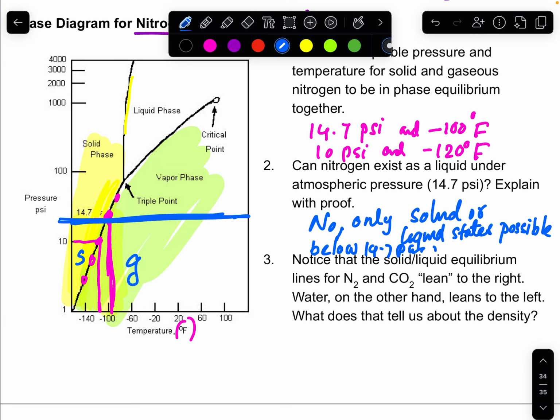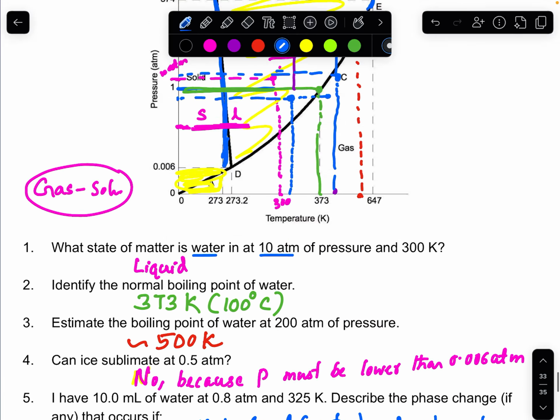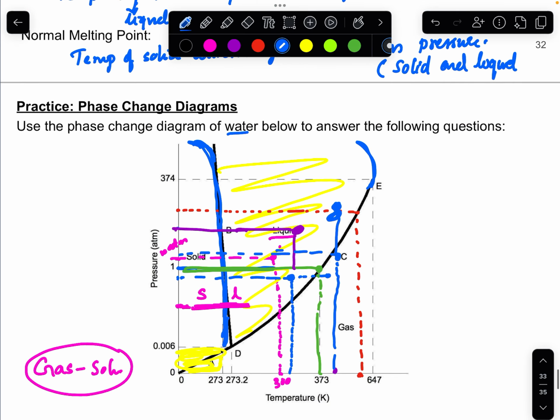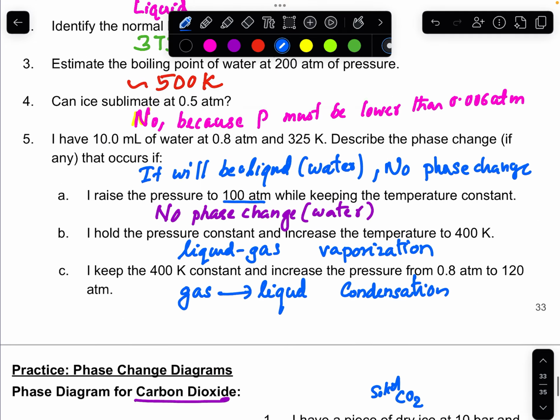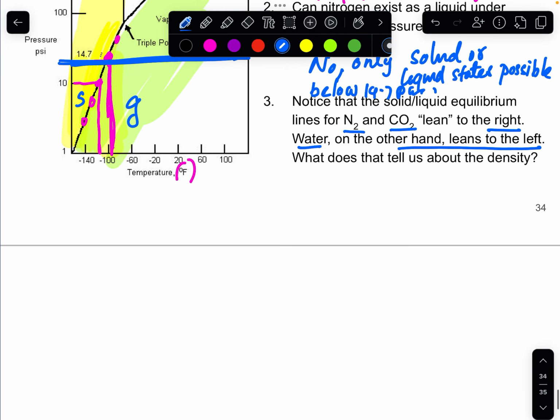Okay, so the next question, the last one. Notice that the solid-liquid equilibrium line for N2 and CO2 leans towards the right, while on the other hand, water leans towards the left. That's what I said, this diagram is known. So this one is a little bit towards the left. What will be the reason for that?